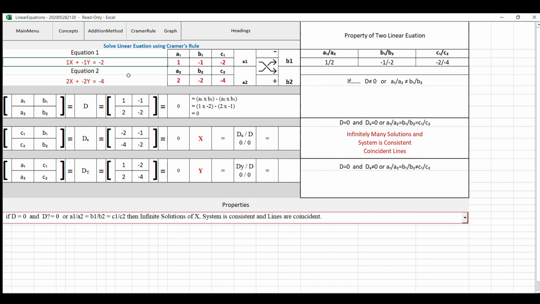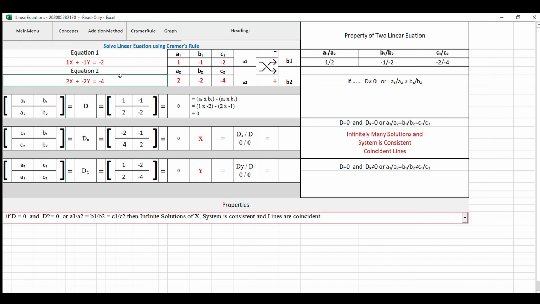If you multiply equation 1 with 2, 2 ones are 2x, 2 into minus 1 is minus 2y, 2 into minus 2. So if you multiply equation 1 with 2, you get equation 2. In this scenario, both the lines are technically the same because they are multiples of each other.